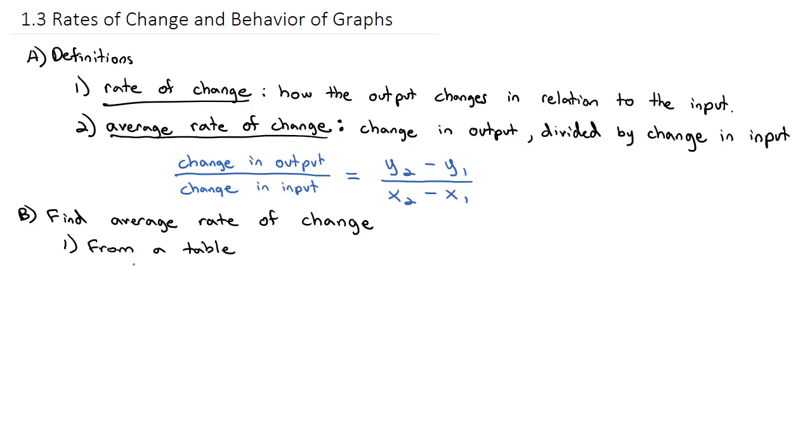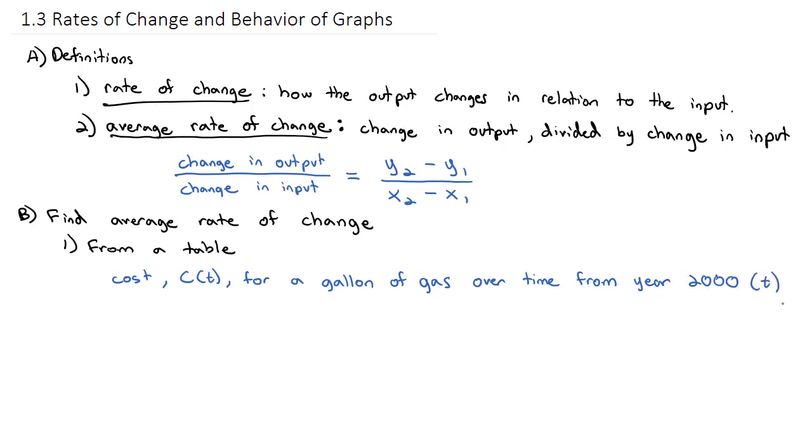So for example, let's look at the cost, which can be represented as C of t, a function, for a gallon of gas over time from the year 2000. And we'll use t to represent the amount of years that have gone by since 2000. So t is the number of years, C of t is the cost of a gallon of gas.